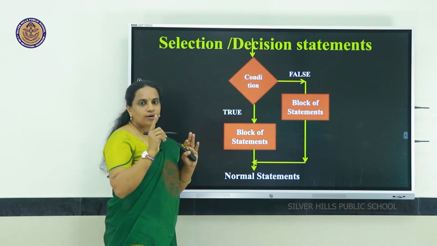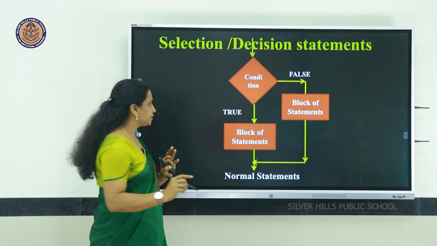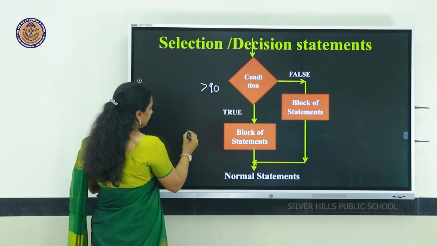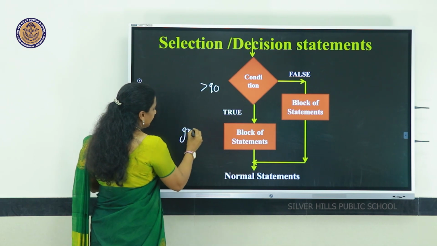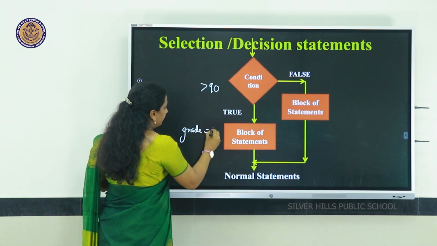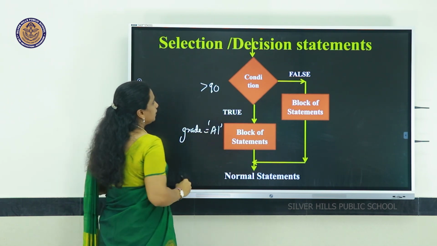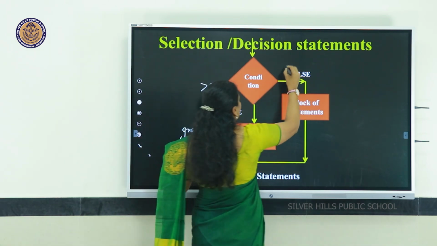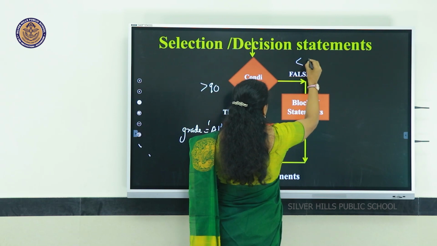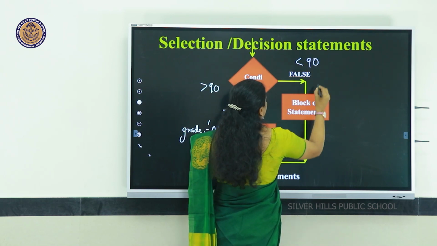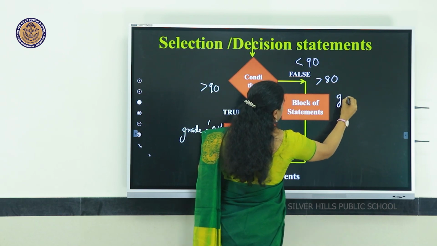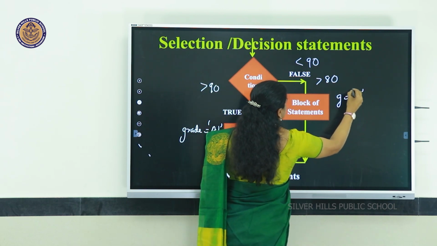From this, only one answer we have to select. For example, if the mark is greater than 90, then put the grade as A1. Suppose the mark is not greater than 90, then if the mark is less than 90 and greater than 80, put the grade as A2, like this.